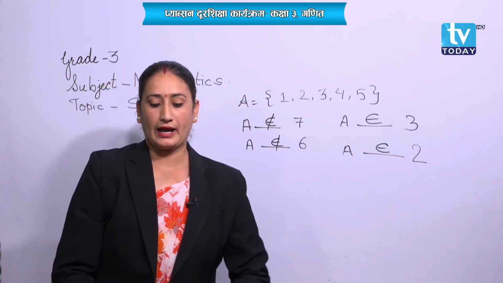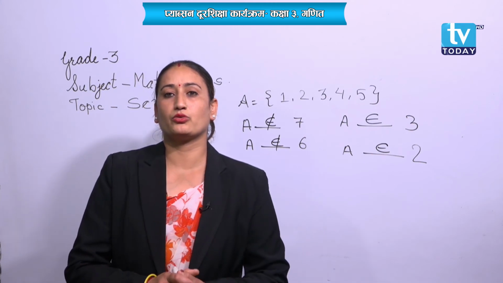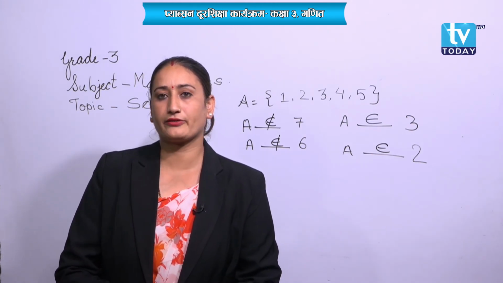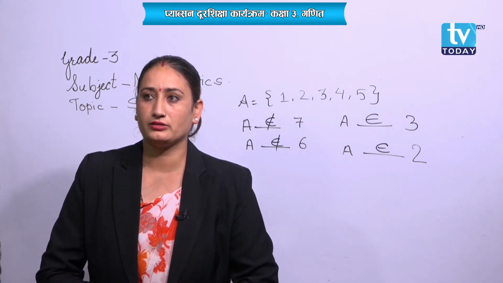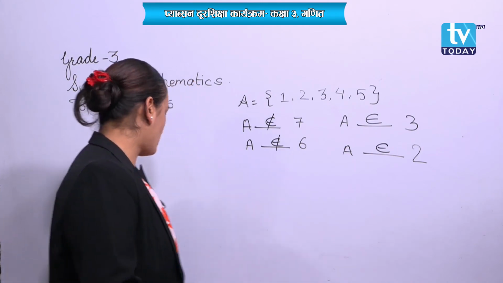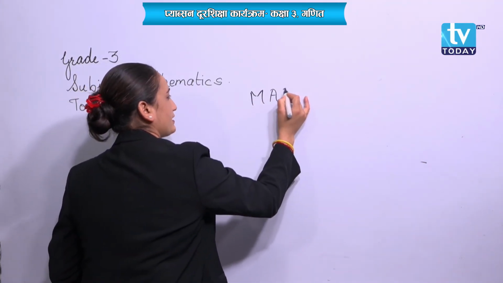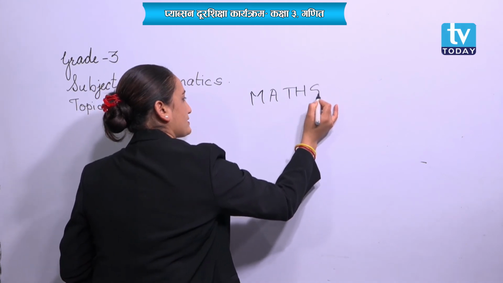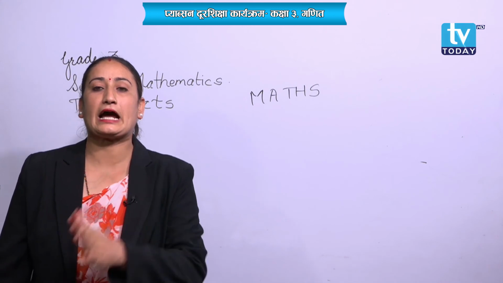Now you have to write the set of letters of the word maths. Can you write the letters of maths over there? What is the set of the letters of the word maths? M-A-T-H-S. Maths. So, you have to list them out.